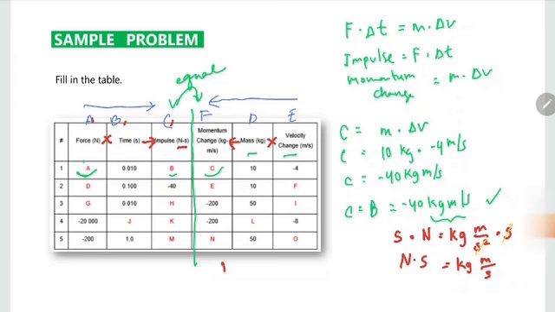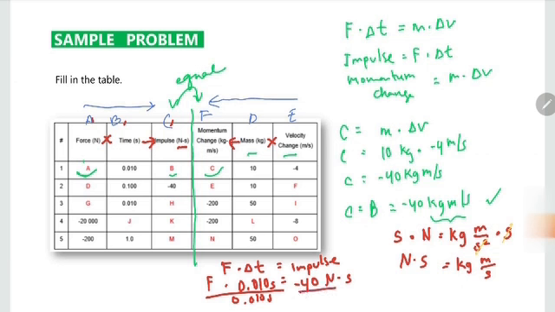How do I get A? That's the force, that's what I'm looking for. It equals impulse, and impulse is negative 40. Let's make it Newton seconds, since we're now on impulse: negative 40 newton seconds equals time, 0.010 seconds, times F. I divide both sides by 0.010 seconds and cancel the seconds.